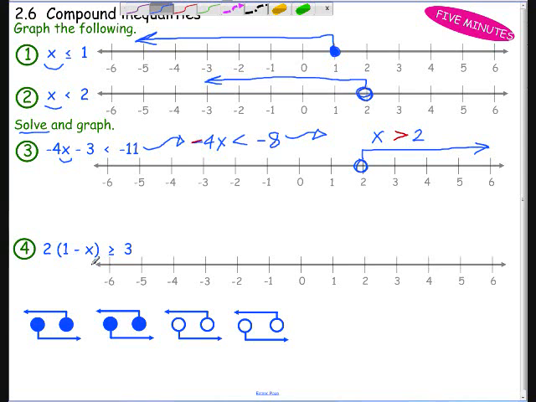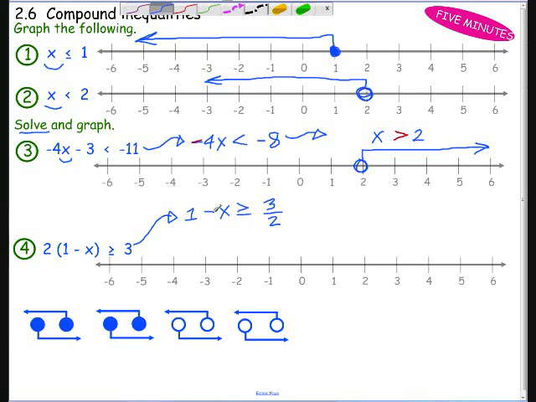How about this one? Well, I could start by dividing everything through by 2, couldn't I? And it's a positive 2, so it's not going to reverse my symbol. So I'll have 1 minus x is greater than, symbol is staying the same, 3 over 2.